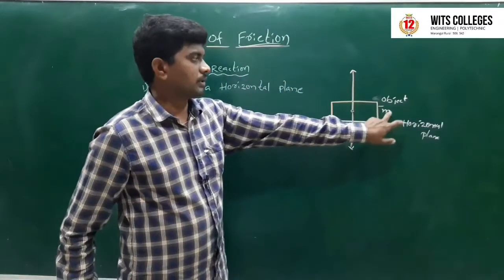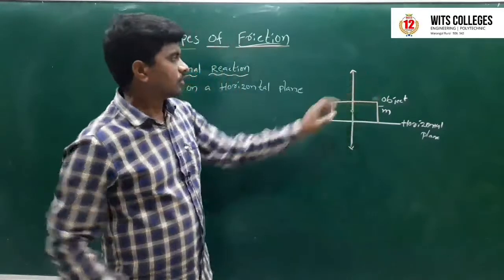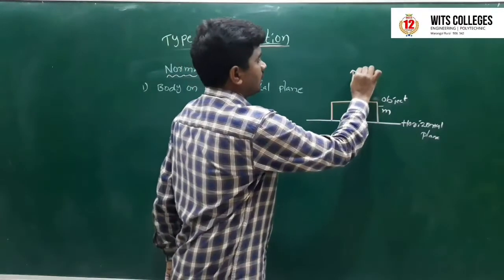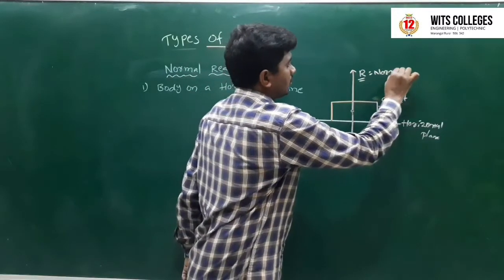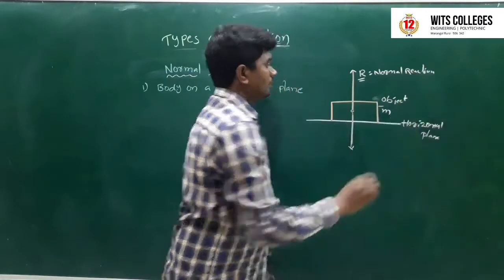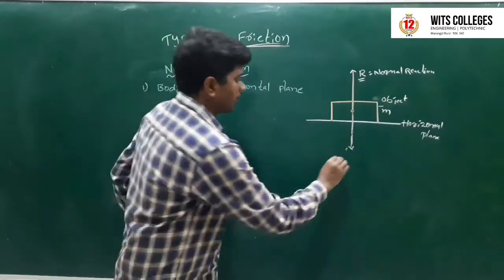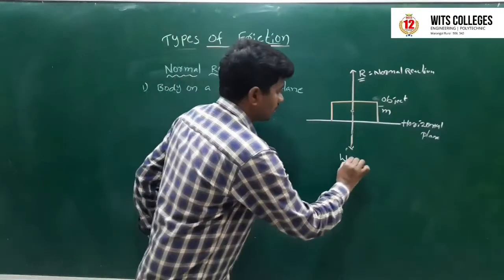The upward direction is the normal reaction, and the downward direction is W. W is the weight, equal to mg.